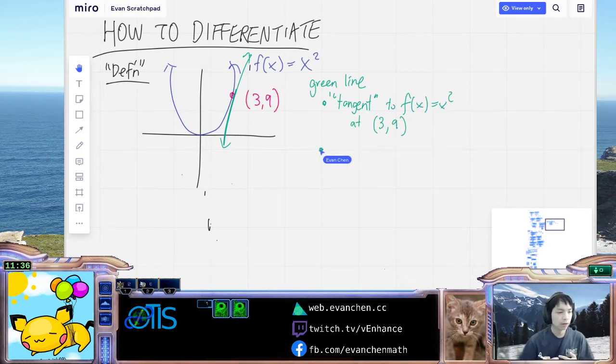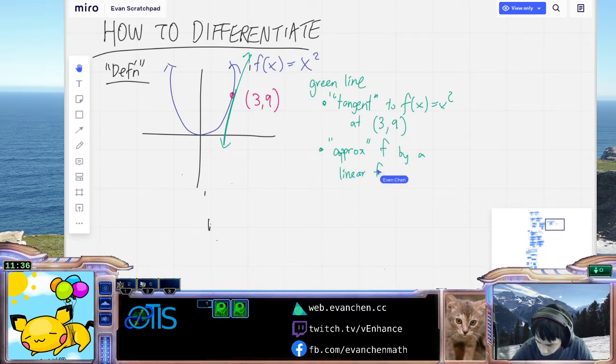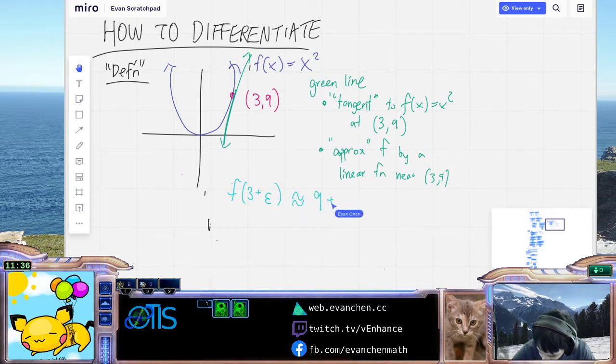Another way to think about this is that you're approximating f by a linear function near 3, 9. What that means is that if I have a little epsilon, then I want f of 3 plus epsilon to be approximately equal to 9 plus a slope times epsilon.